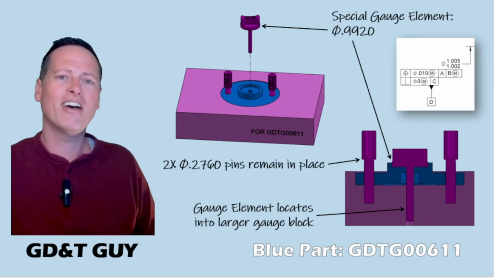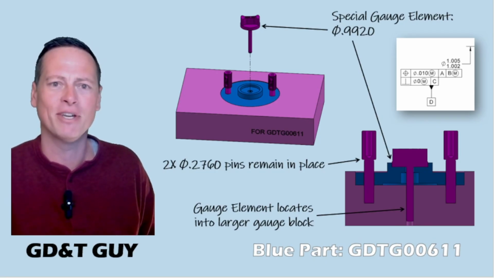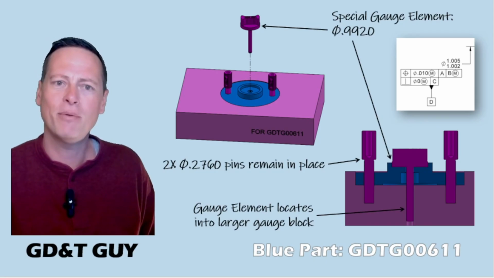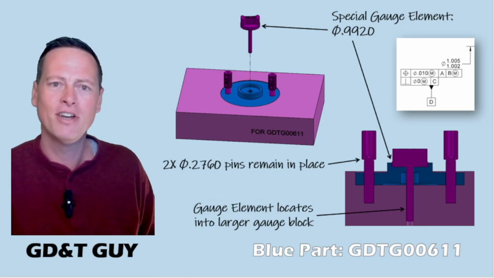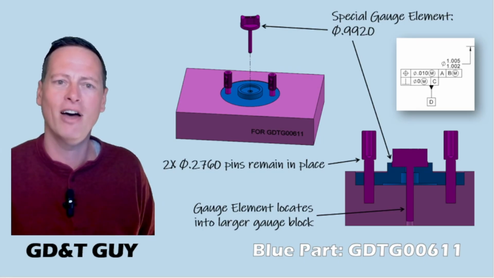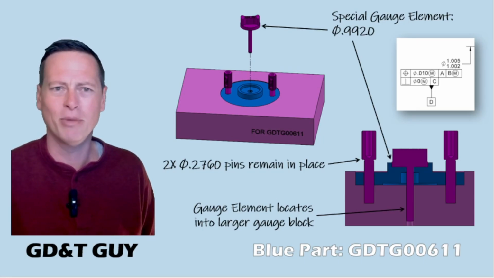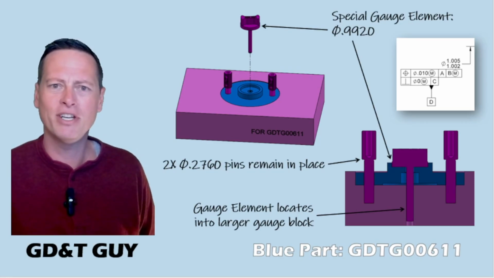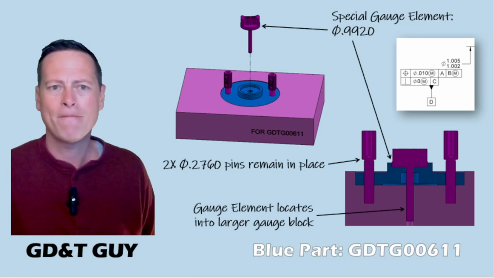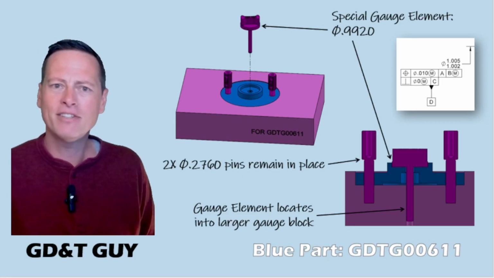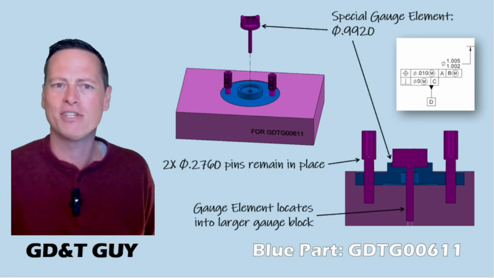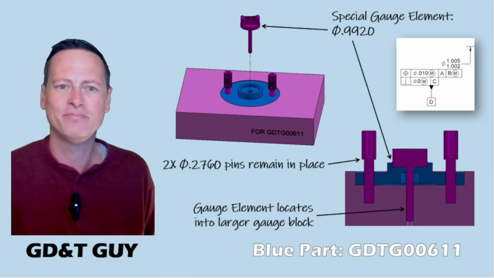And while we're here, I want to point out another interesting thing we can do with this gauge, which is that we can use it to verify the location of the 1-inch diameter feature up on the top side of the part as well. That would require something like this special gauge element, which we make at the virtual condition of .992. That's the 1.002 MMC minus the 10 thousandths upper frame position tolerance, .992.